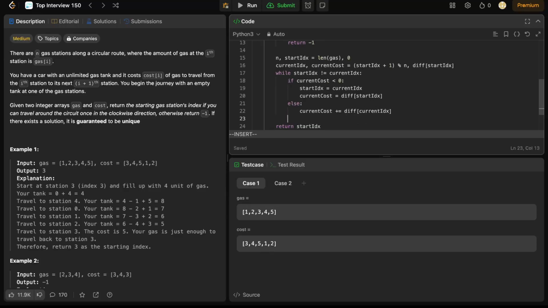And the one thing we're not doing is updating the current index, so we can update the current index to go to the next index once we have done one of these two conditionals. So current index is going to be equal to current index + 1 modulo n.